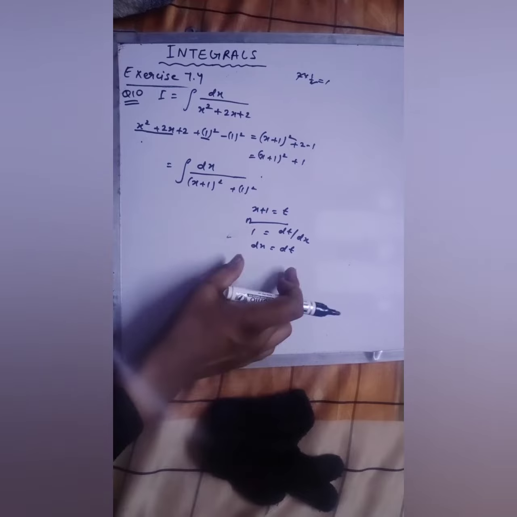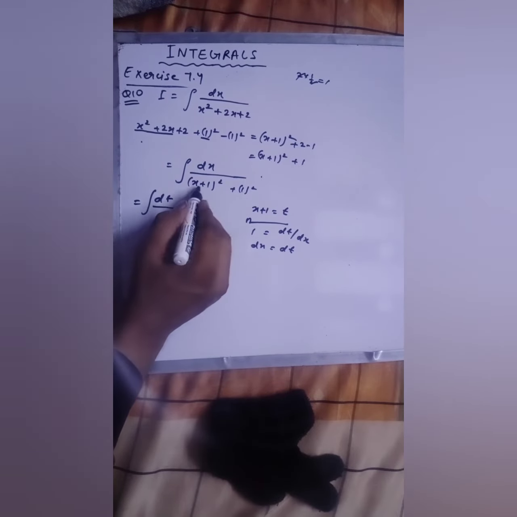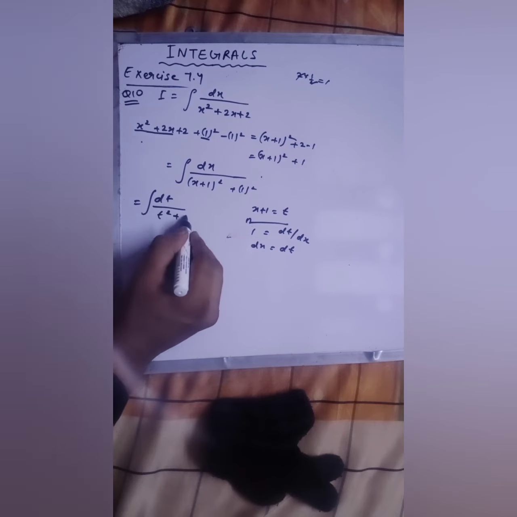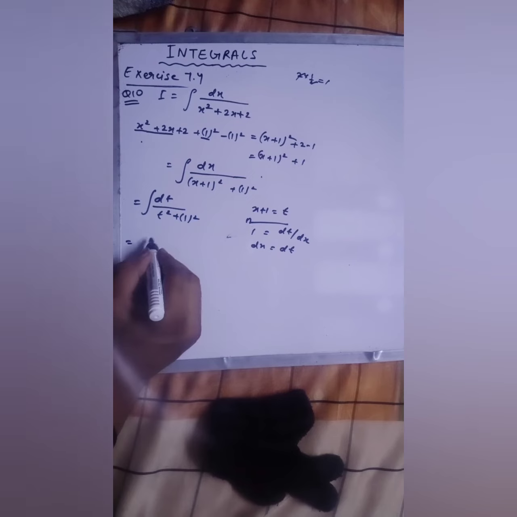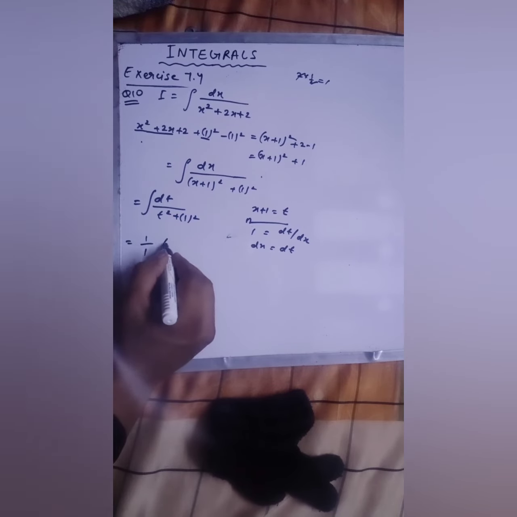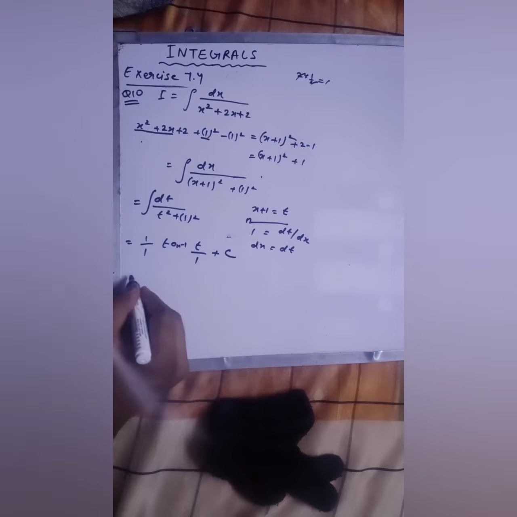Okay, so we are replacing this, it will be dt over t square plus 1 square. So this is the formula of 1 by a tan inverse x by a, where a is 1, x is t, plus c.